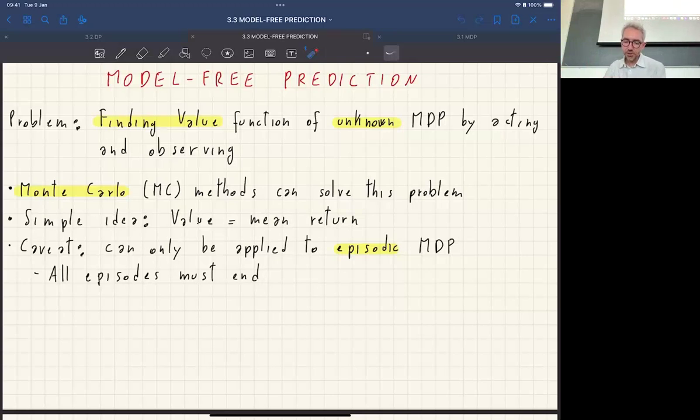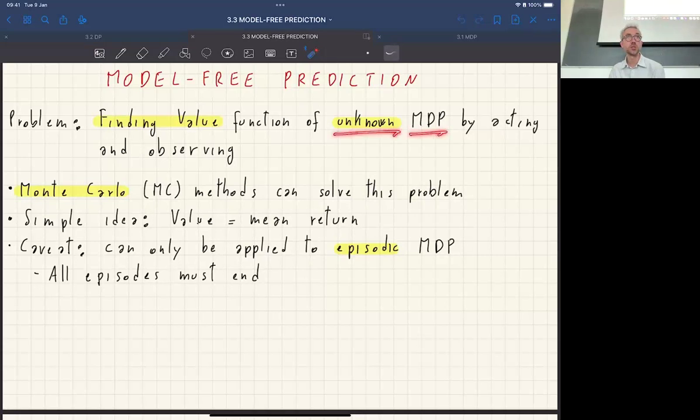So, model-free prediction. Here we start taking a first step towards reinforcement learning, because we start relaxing the assumption that we know the Markov decision process, so we know the dynamics. But we do it only focusing on the prediction problem first. We're going to talk about the control problem later. So we are given a Markov decision process, which is unknown.